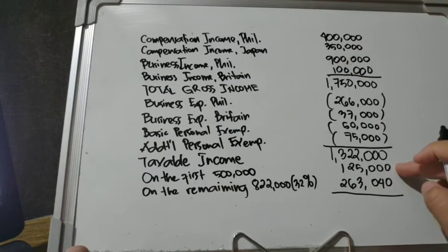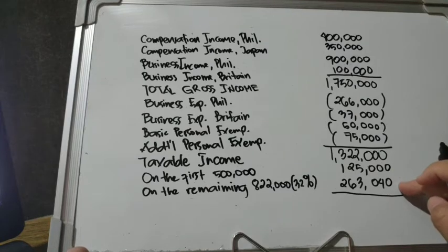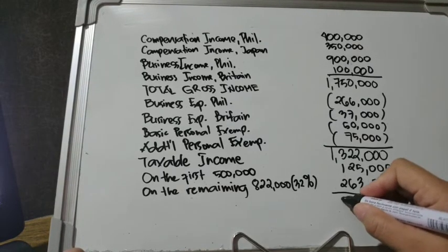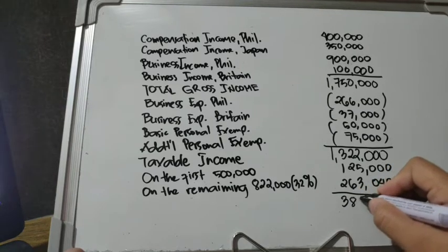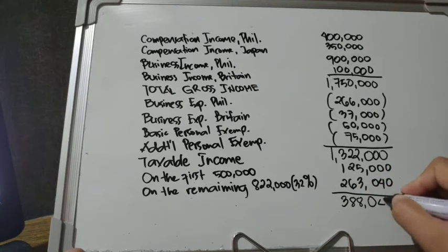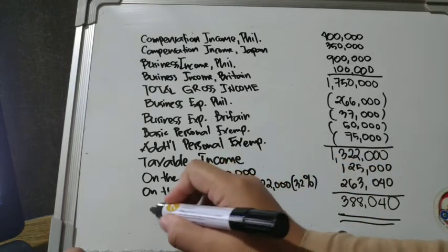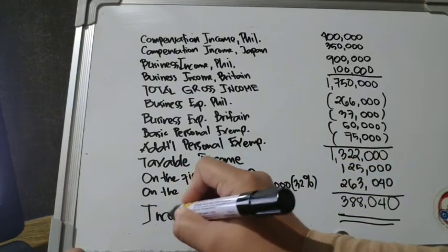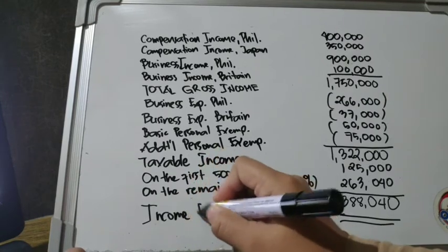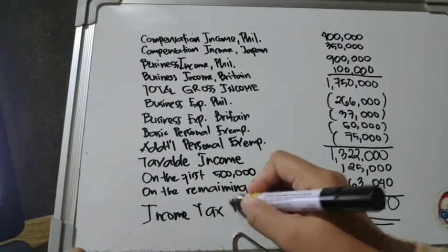The 125,000 and the 263,040 pesos. So, it is 388,040 pesos. So, this is your income tax payable.